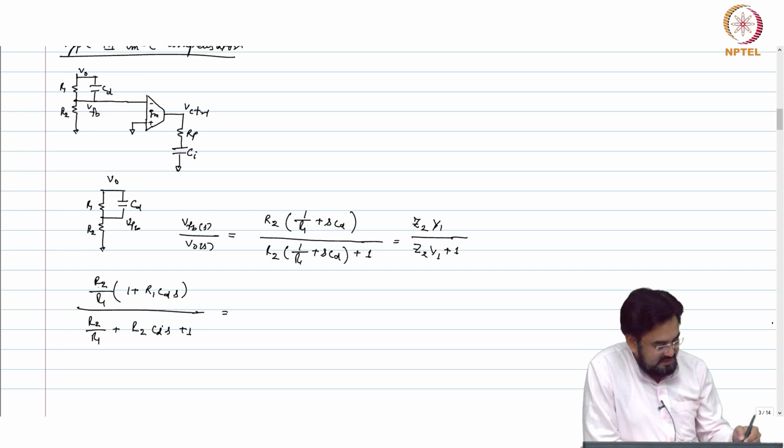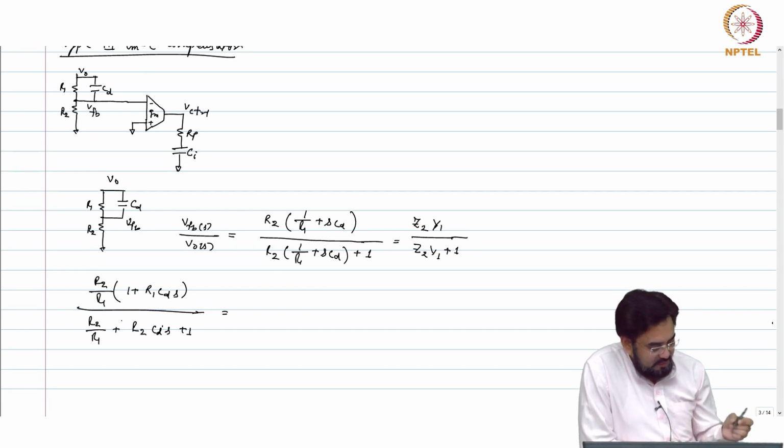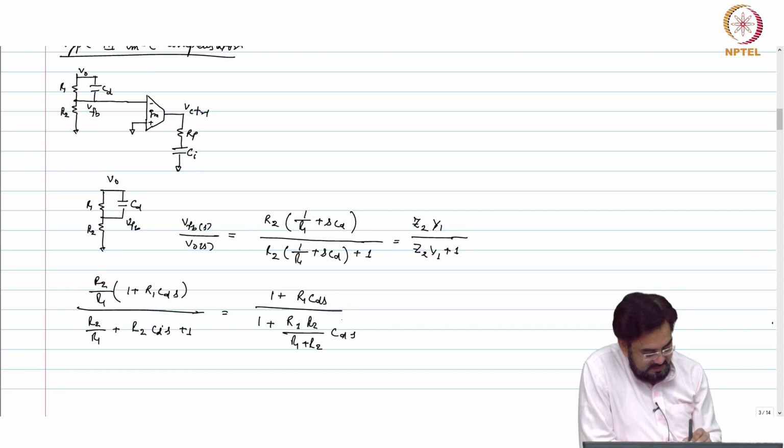If I take R2 by R1 common, you will have R1 CDS divided by 1 plus R1 R2 by R1 plus R2 CD.